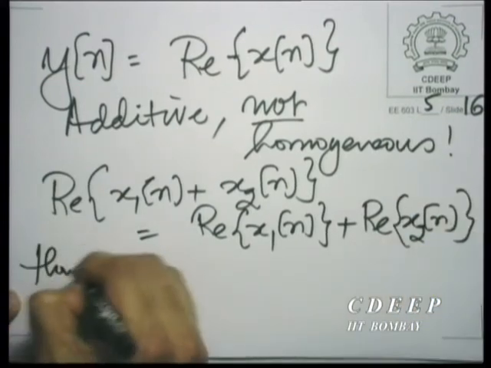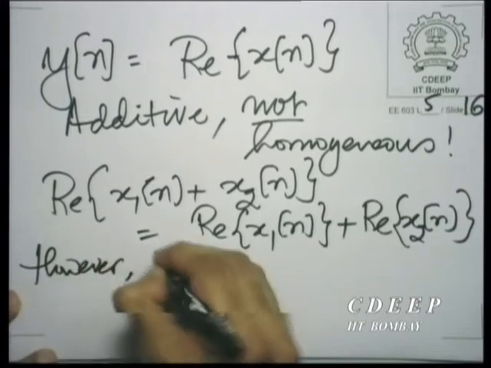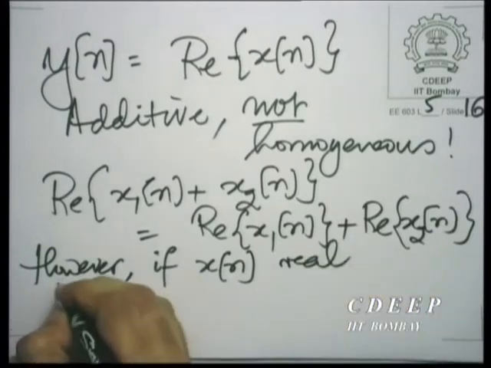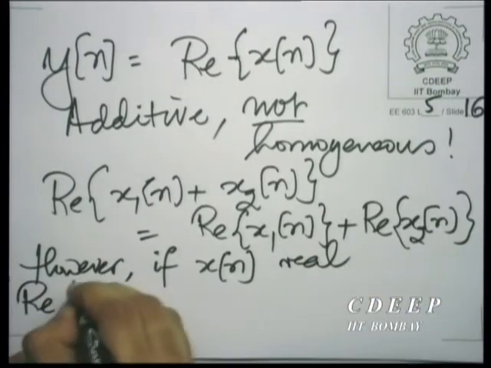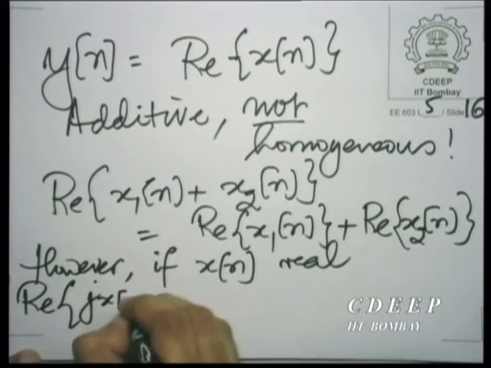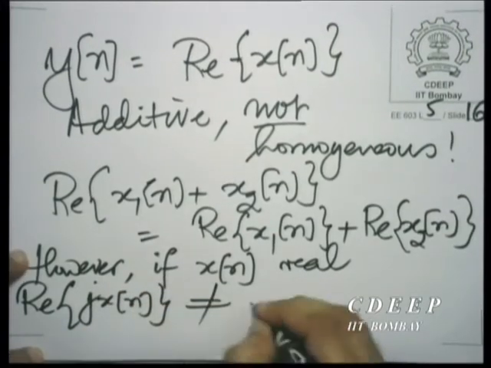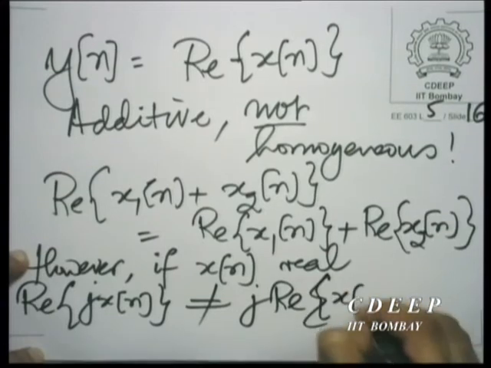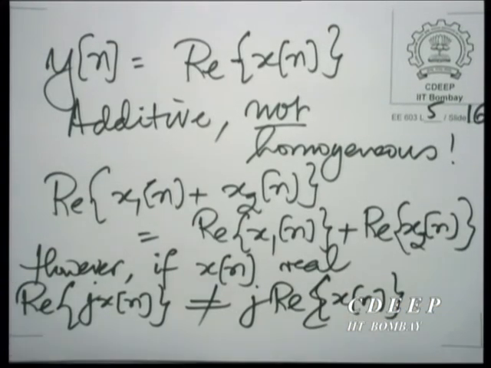However, if x[n] is real, real part of jx[n] is not equal to j times real part of x[n]. In fact, if x[n] is real, the real part of jx[n] is identically 0, and therefore, the system is not homogeneous.